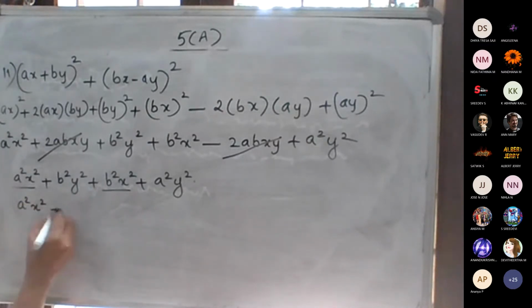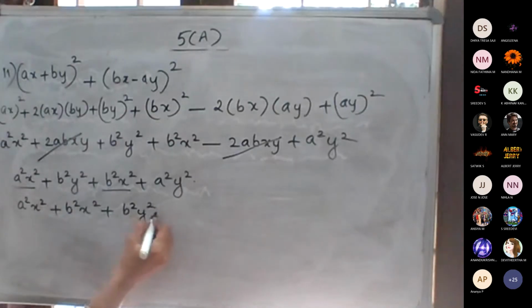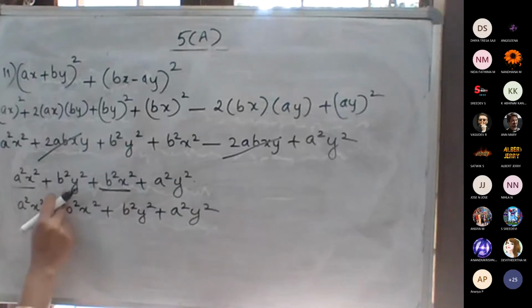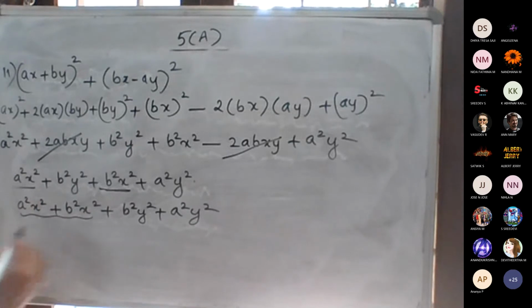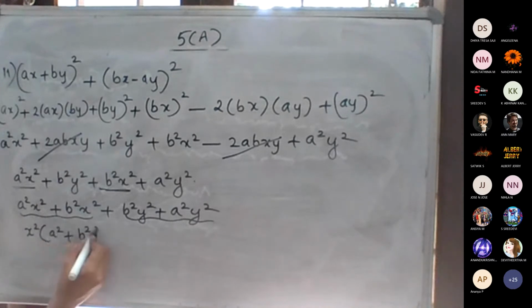a square x square plus b square x square plus b square y square plus a square y square. Okay, rearranging. For the first and second term, we can't do anything, so we will go with the third term. Which one can we take common? x square we can take common. Balance will be a square plus b square.